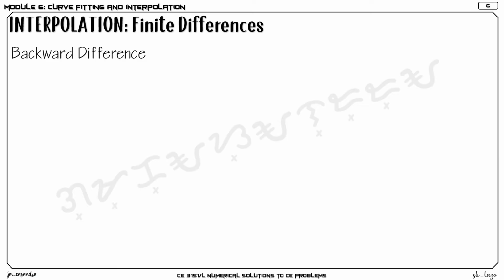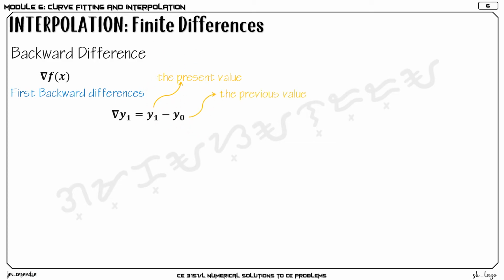The second way of determining your finite difference is what we call the backward difference, which is denoted as nabla f of x. Same as, or almost the same with forward difference, we also have what we call your first backward differences, wherein we have nabla y1 is equal to y1 minus y sub 0, wherein this will now be the present value minus the previous or preceding value.